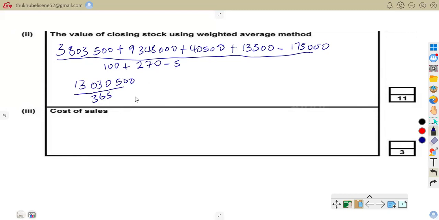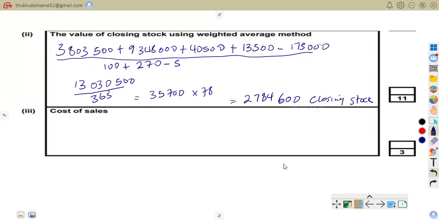Then you are going to get 35,700, which we have said you're going to multiply by 78. Remember, this 78, these are the units of our closing stock. And then the final answer will be 2,784,600. So this is our closing stock.